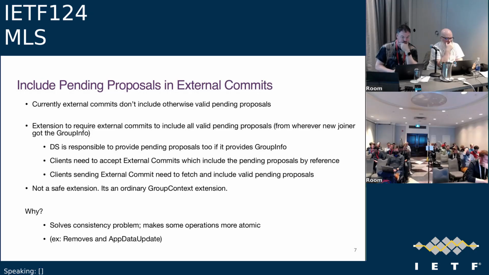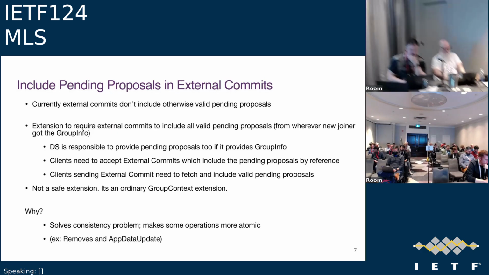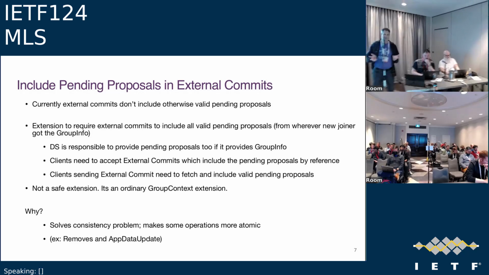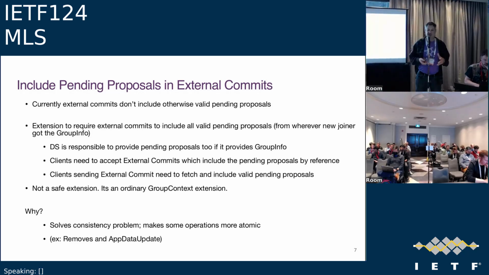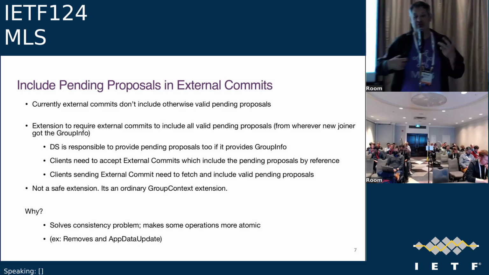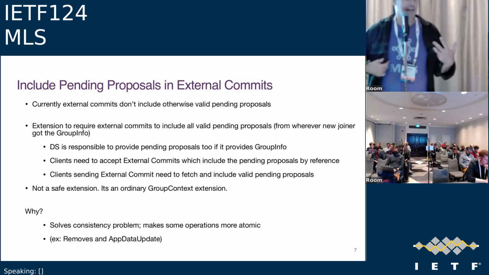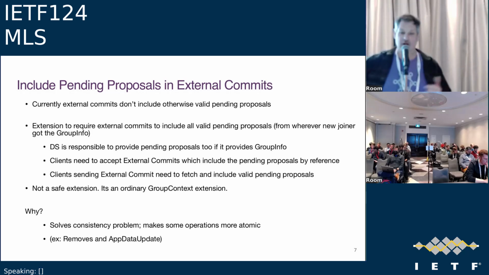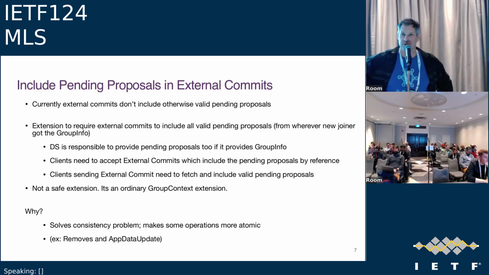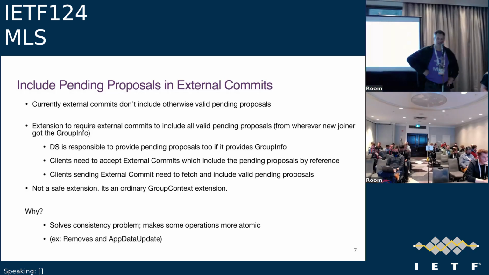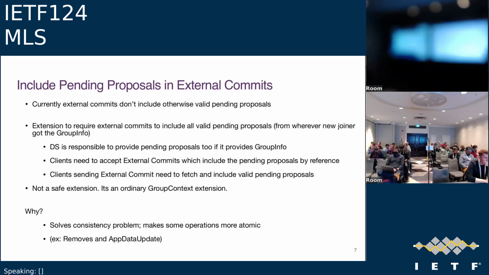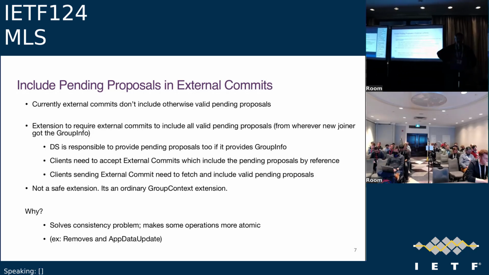And one of the things that people usually do when they support public messages, and they have a DS that sees your group context and sees your commits and sees your ratchet trees, is that they can be helpful and provide you with a group info, so some new member can go and join a group using an external commit. Well, this isn't so nice. What happens when somebody externally commits and you happen to have a bunch of remove proposals lying around?